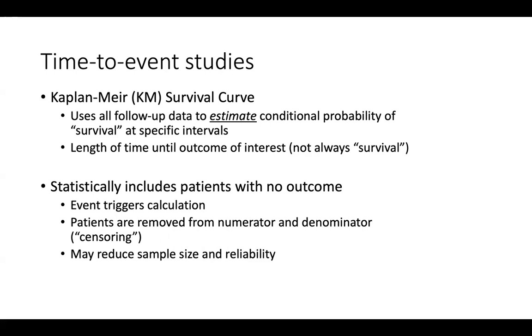And again, you're going to use follow-up data over time. What this is actually estimating is the conditional probability of surviving, of not having the event, at those specific intervals.